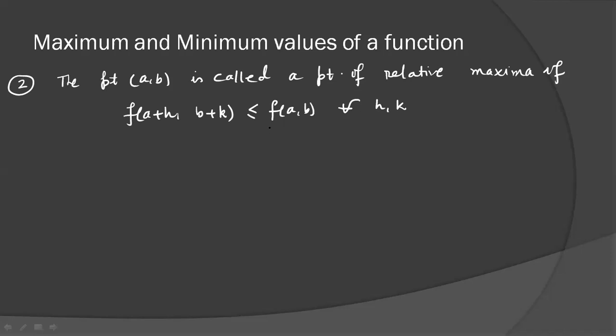Then this value f(a, b) is called the relative maximum value.